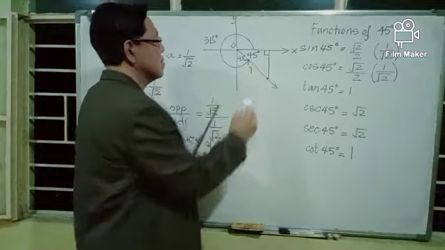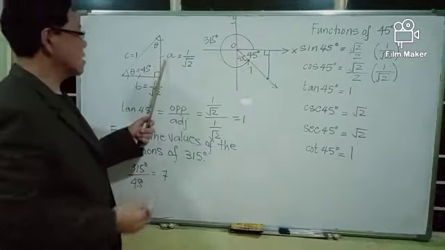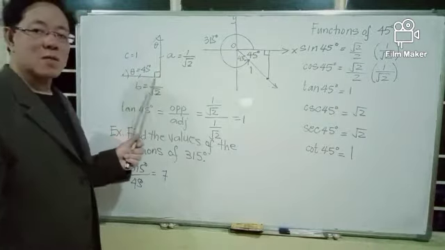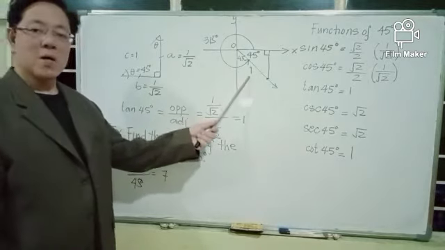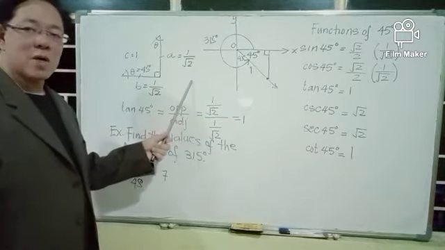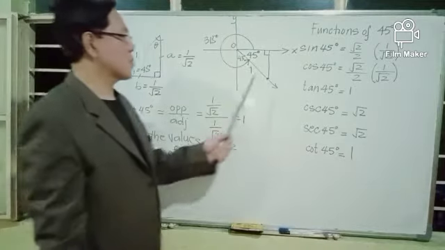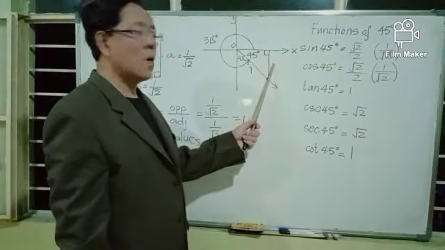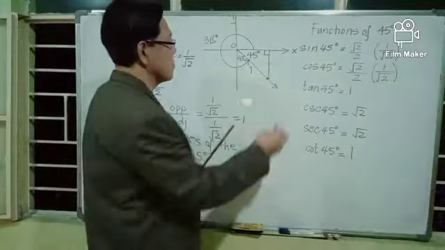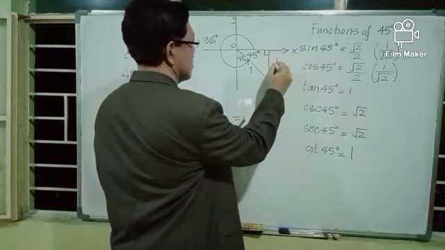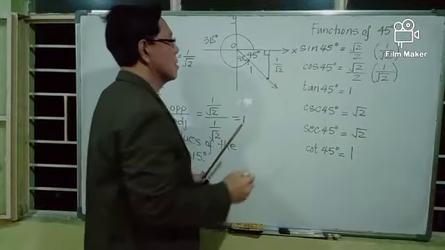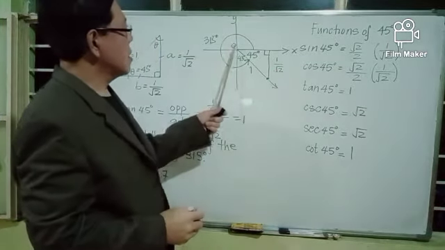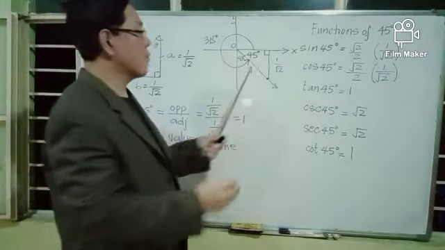This is 1. And the congruent sides of an isosceles right triangle, if the hypotenuse is 1, are 1 over square root of 2 and 1 over square root of 2. Hence, this is 1 over square root of 2. And this is 1 over square root of 2.